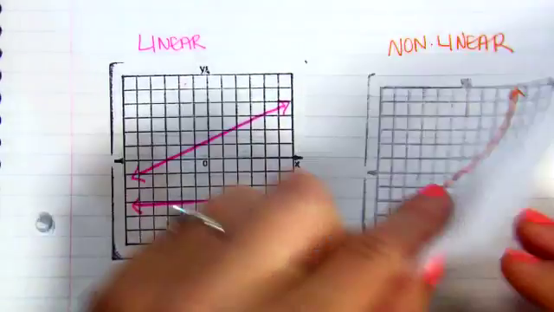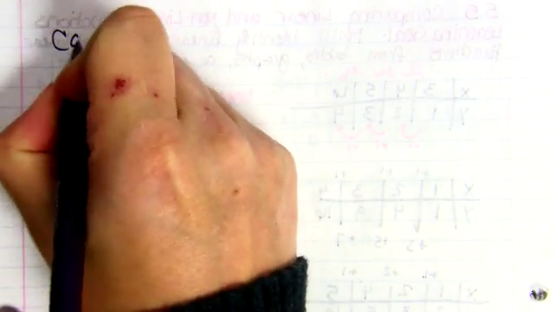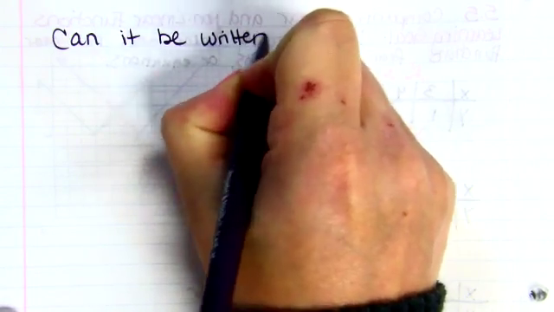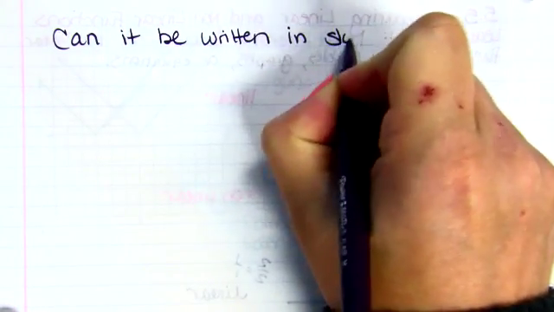The final thing that we can look at, though, is an equation. The one rule for an equation, if it's linear or not: can it be written in slope-intercept form?